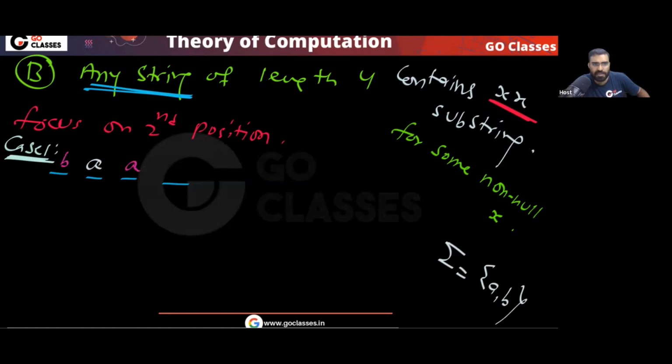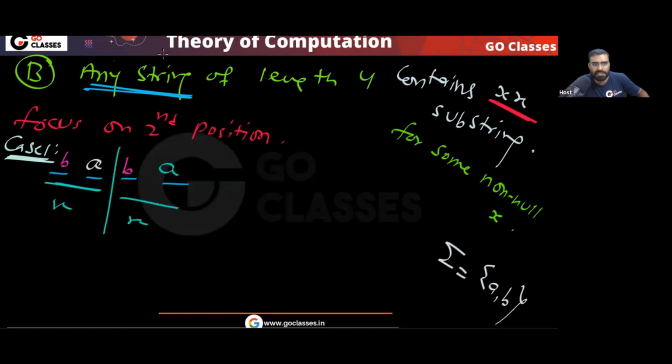Similarly, can I put A here? If I put A here, I got XX. So I cannot put A here, so I have to put B. Now what should I put here? Can I put B here? If I put B, I got XX. If I put A, then also I got XX.